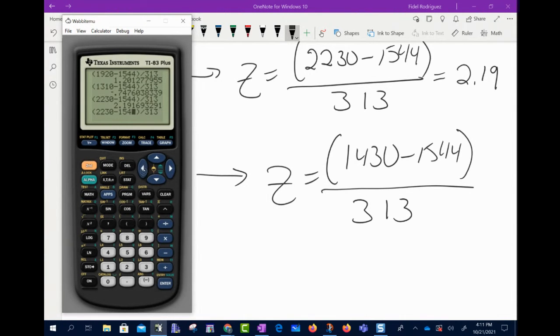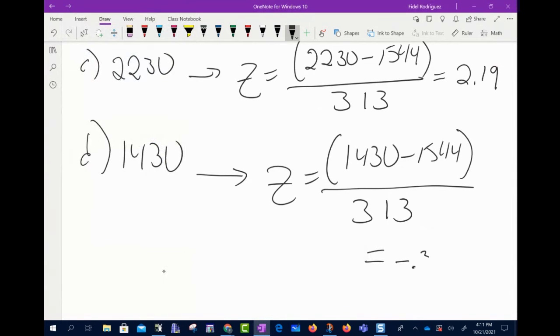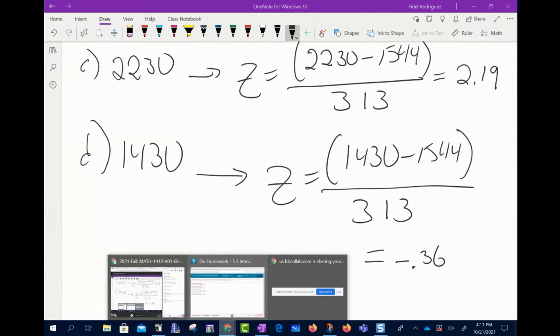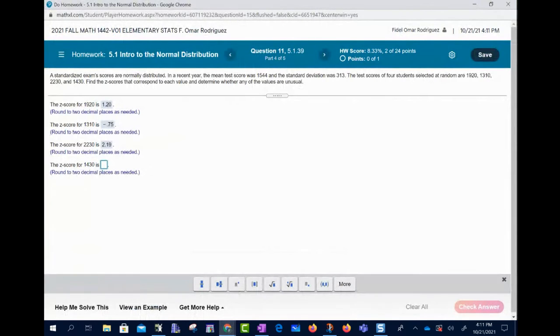And let's come back over here. And let's go 1430. Okay, everything else stays the same. And I'm coming up with a negative 0.36. Okay, so now, right here, I type in negative 0.36.